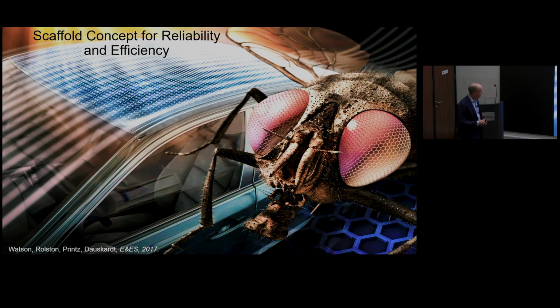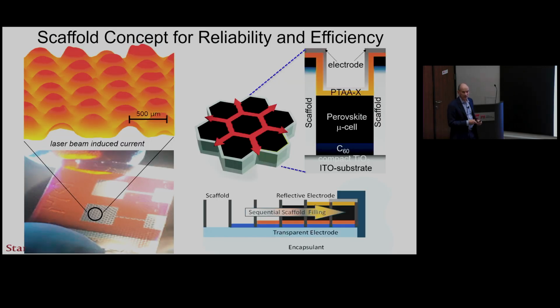And so that led us to this work, which we published a number of years ago, where we said, could we make perovskite solar cells like the compound eye of a fly? So each one of these little eyes is very, very fragile, but they're protected by this organic wall, this sort of hexagonal scaffold that's protecting the cell. And here's sort of an artist's impression of what that would look like in a solar cell. So we did this.